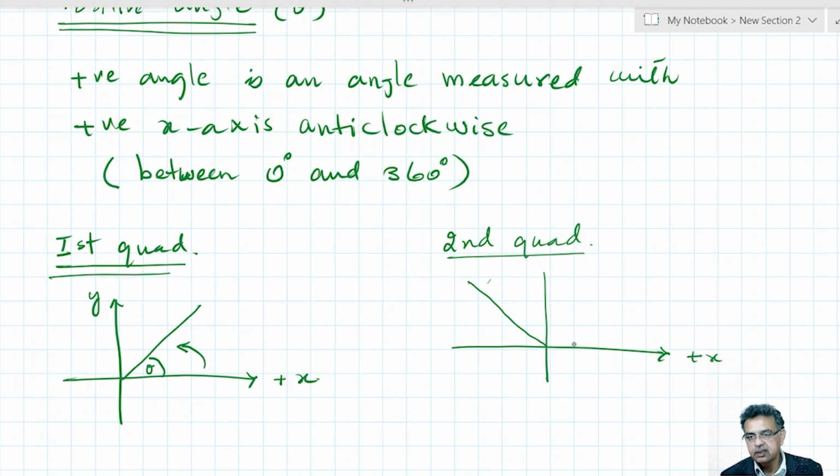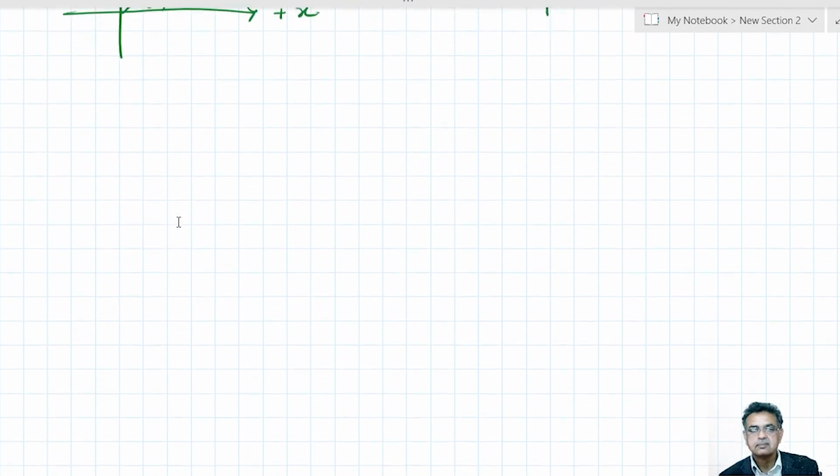So we follow that definition, that starting from positive x-axis and anti-clockwise till the line, this angle is positive angle. You can see that we are following this definition, and the angle is measured anti-clockwise.